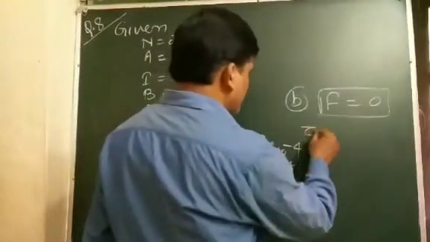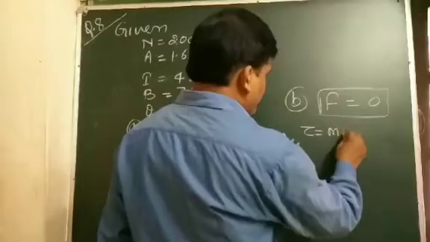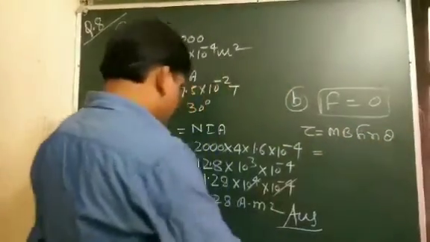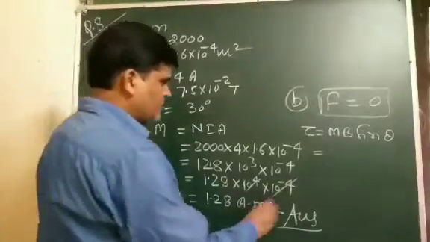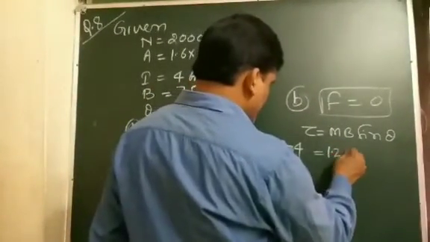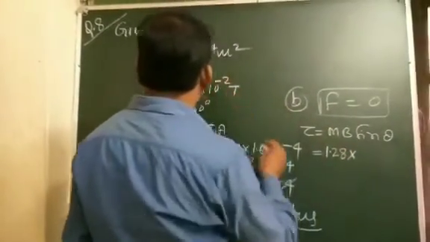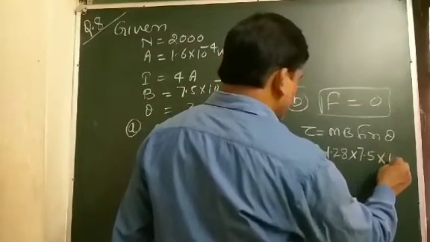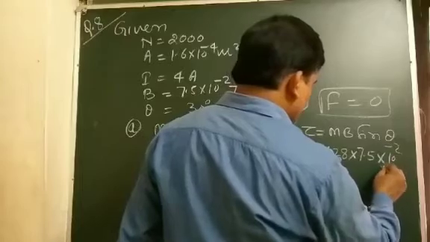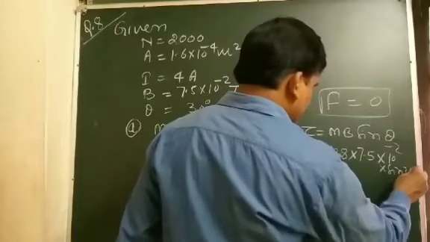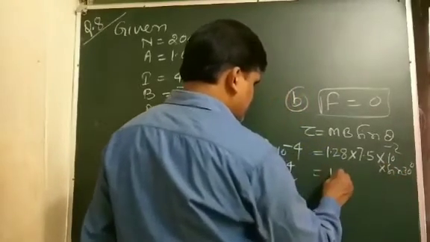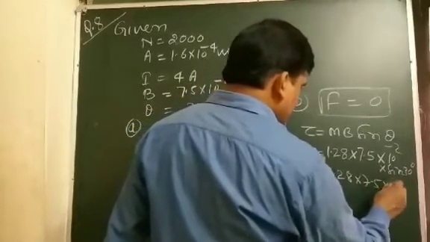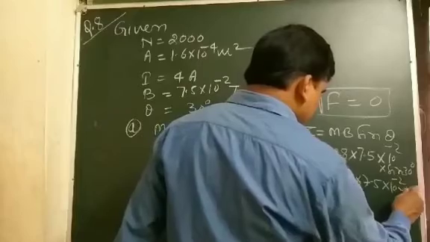So tau equals, you know, MB sin theta, and M calculated is 1.28, and B which is given is 7.5 × 10^-2, times sin 30 degree. Sin 30 is 1 by 2.